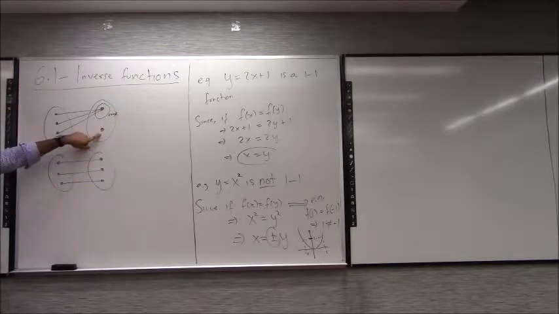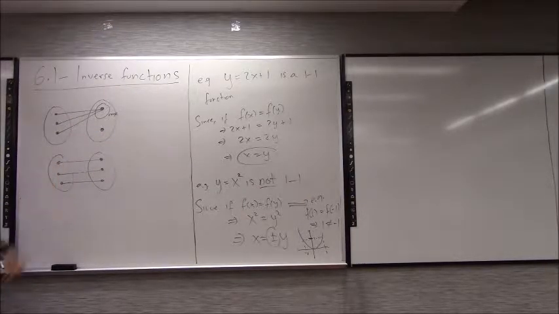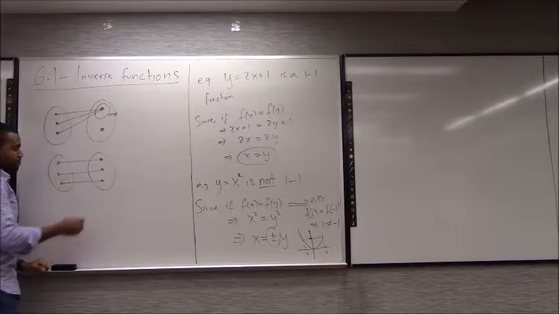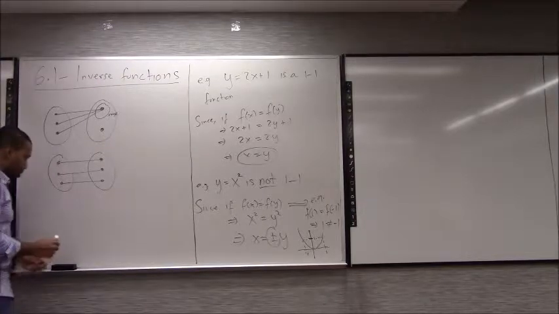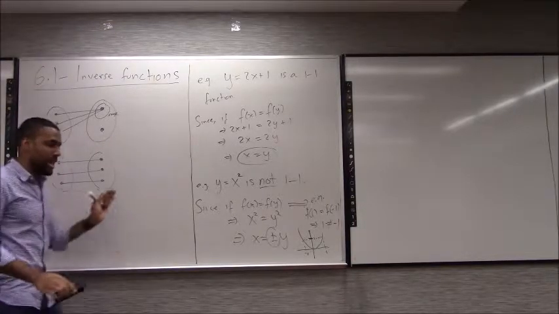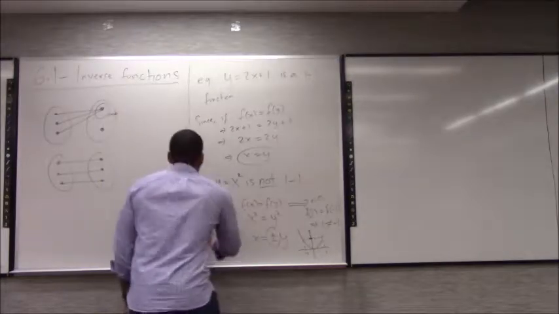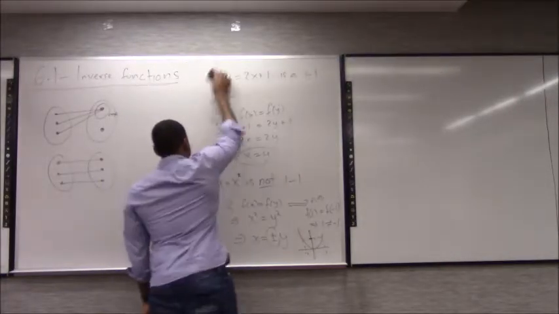Okay, so there could be elements in this set that aren't connected. We say they're not in the range. Okay, which means that's another reason why this cannot be a function going in the opposite direction. But we're not going to really see that right now. You'll really talk about that in higher classes. But for now, that's basically the idea.